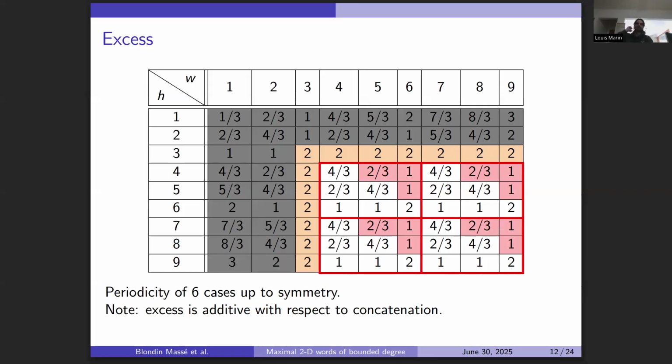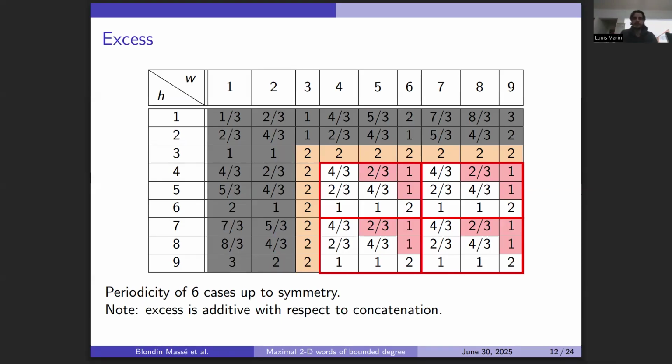Also, I guess it's important to say that whenever you concatenate either horizontally or vertically two words, you're not guaranteed to keep having full words, but we can define excess on any words, not just full words.